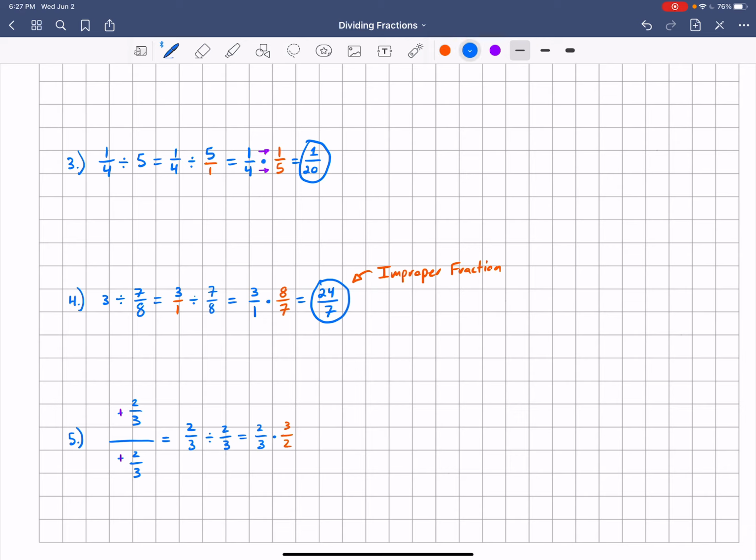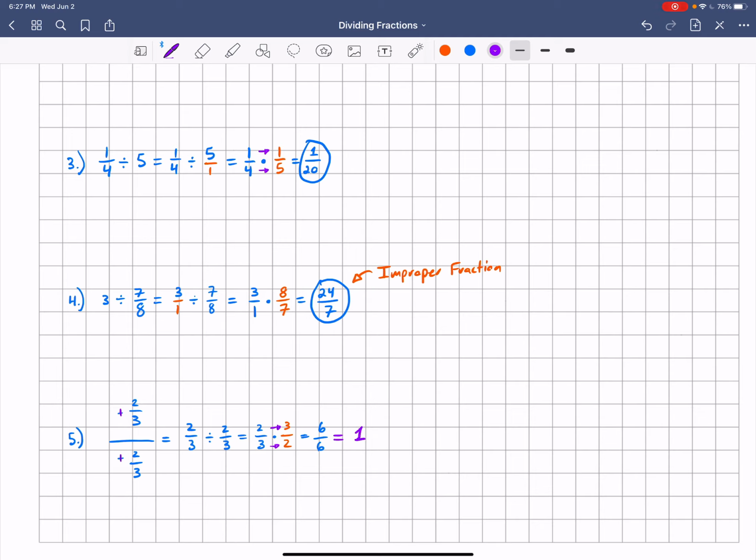And finally, we multiply straight across. I'll draw the little arrows. And we get 2 times 3 is 6, and 3 times 2 is 6. Well, here's where we could have jumped to our final answer a little bit more quickly. So 6 divided by 6 is 1.